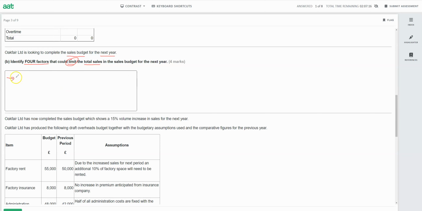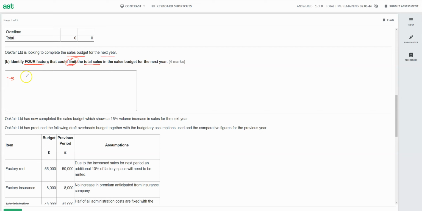You can use this as the opening, as the introduction: there are a variety of factors that could limit the sales demand. After that you can put number 1, 2, 3, 4, or just make the point with a dot. That doesn't make any difference, but it is nice to write number 1, 2, 3, 4 because they said 4 factors.